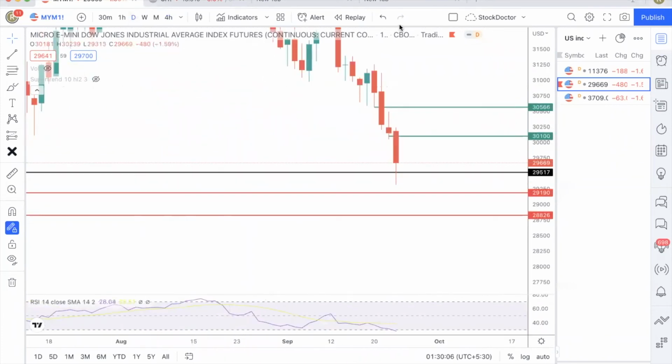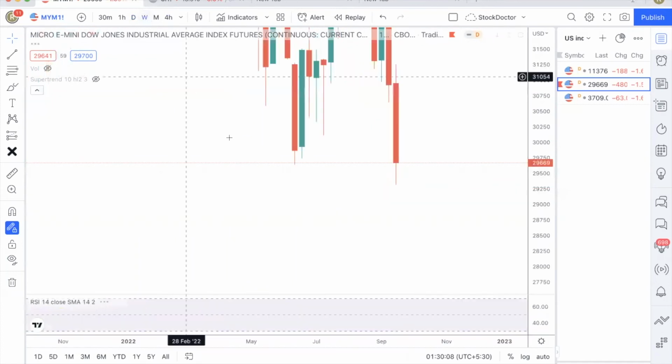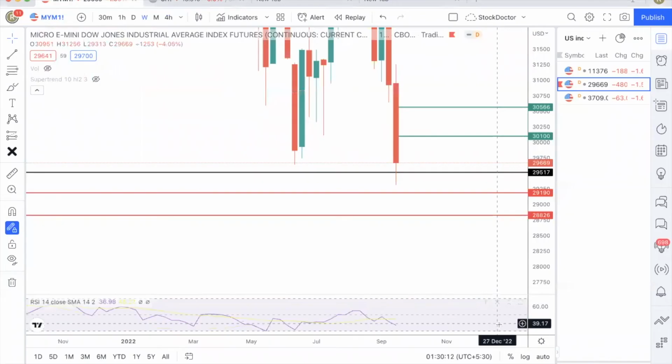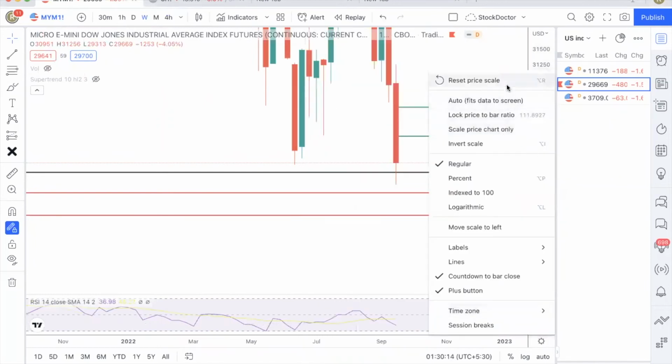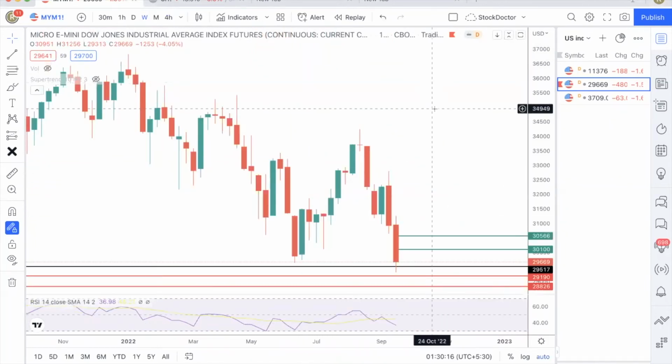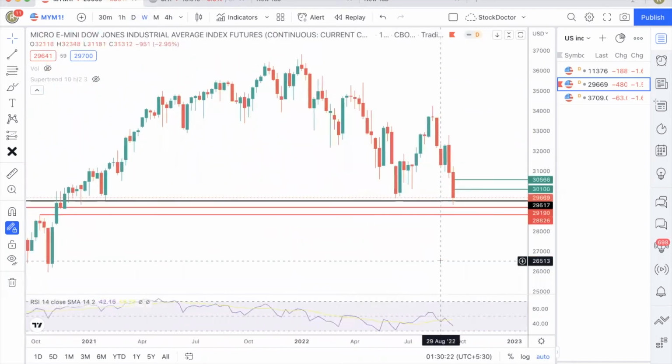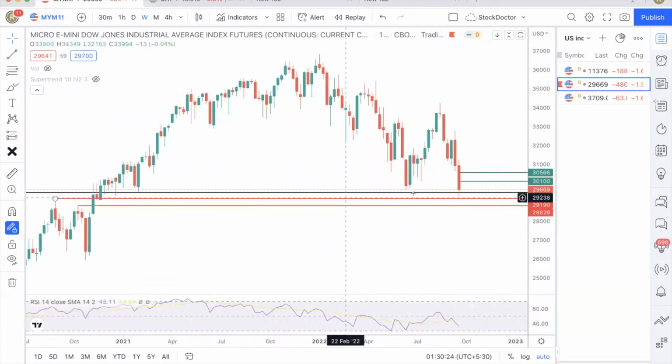Now on the weekly chart, you can see here. This is the weekly chart. On the weekly chart, Dow Jones closing is the lowest closing since November.